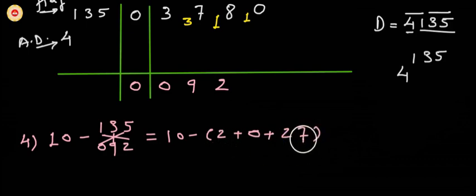Right? So 2 plus 27, 29. 10 minus 29, 19. But negative 19. We don't want the net dividend negative.